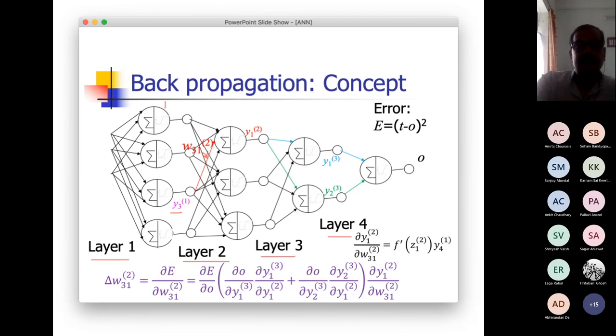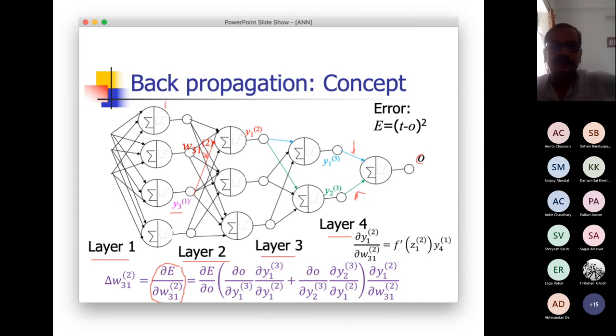As you can see, we are trying to compute the gradient of error with respect to W31 at this point, for example. So what should you compute? We apply delta E by delta O first, then the derivative of this output with respect to these two responses.